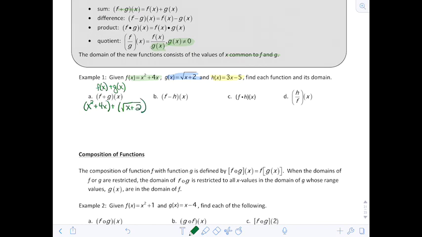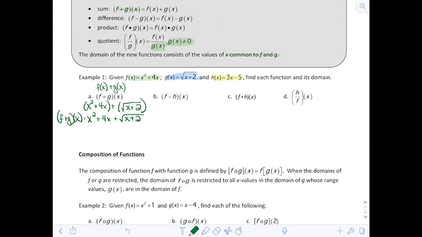So now as we look at combining those, there are absolutely no like terms. So this one is really, really simple. As far as combining, nothing is a like term. So x squared plus 4x plus the square root of x plus 2. So this is our new combined function. This represents f plus g of x.